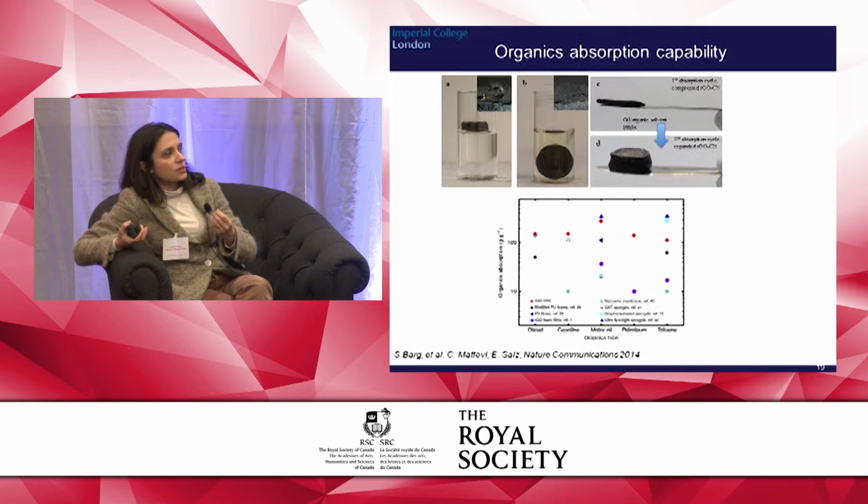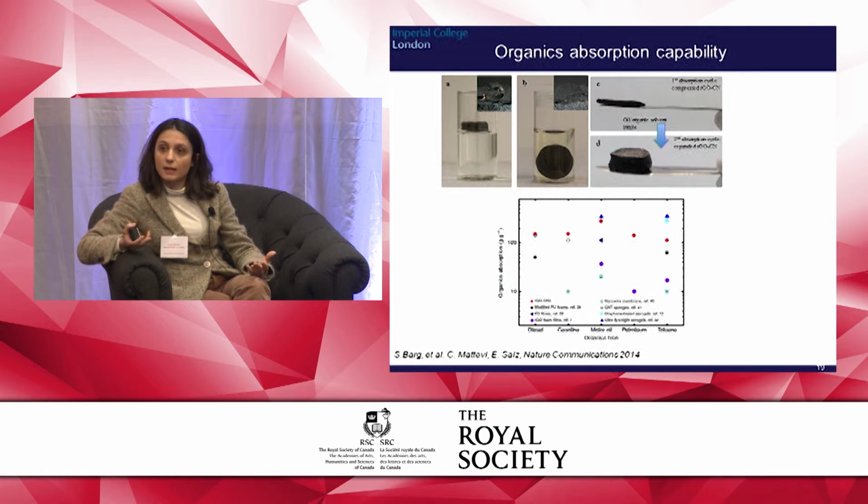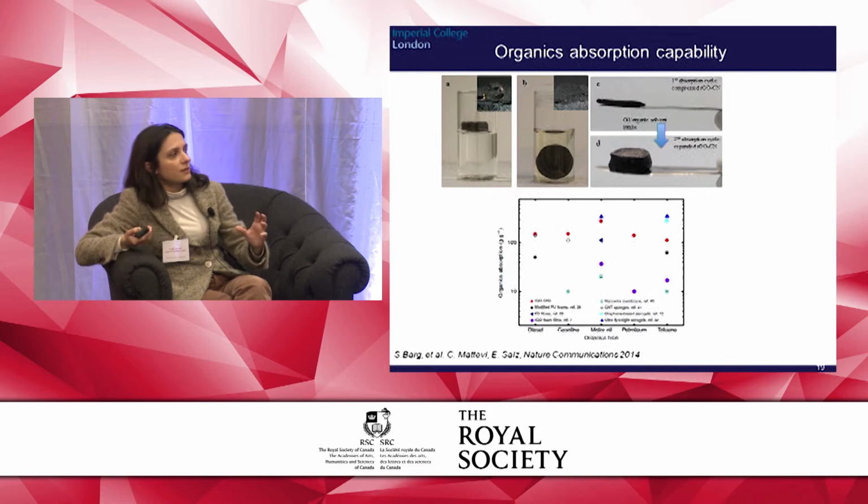And their performance, which is measured by the grams of oil that these foams can absorb versus the grams of foam that we actually have, is very high. So we can absorb up to 200 grams of oil per gram of material. And this is quite competitive versus many other three-dimensional constructs which are currently available. And this particular ability to reutilize the same sponges several times is quite unique.